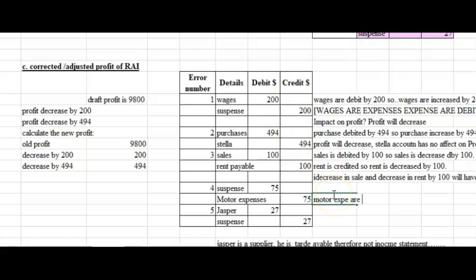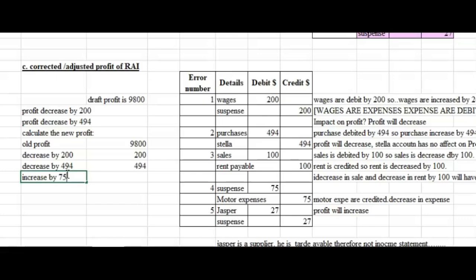In the next error, motor expenses are credited by $75, which indicates that the motor expenses account was previously overstated and is now being reduced to the correct amount. Since motor expenses are an expense account, a reduction in this expense means that total expenses decrease. Expenses and profit are negatively related, so when expenses go down, profit goes up.